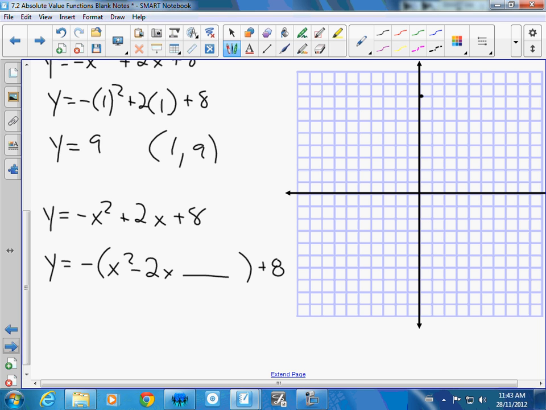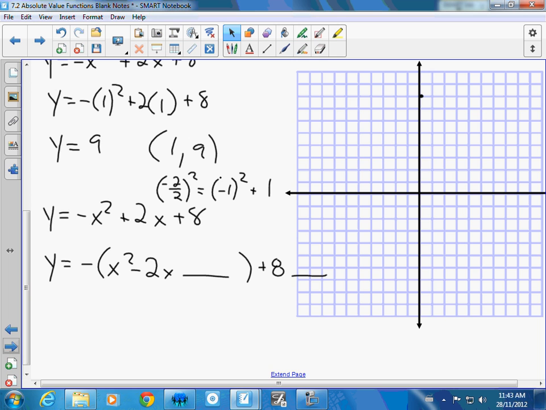So what I'm doing is I'm adding 2 things there. Do you remember this stuff now? Hang on. What number do we take to divide by 2? Negative 2. So negative 2 divided by 2, and then we're going to square that, right? What's negative 2 divided by 2? Negative 1 squared is 1. So if we add 1 here, normally to keep it in balance we subtract 1 there, because it's on the same side of the equation.